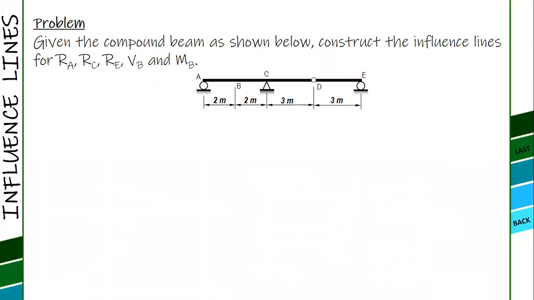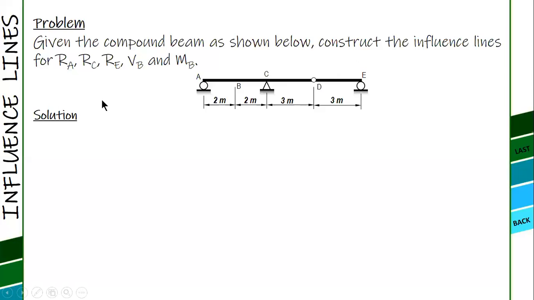So, given the compound beam as shown below, construct the influence lines for RA, RC, RE, shear at B, and moment at B. So, as I have said a while ago, for compound beams, since duha ni ka beams, duha sa datong equation sa reaction. Bali, first equation is before sa hinge, ang unit load. Another equation if the unit load is after the hinge.